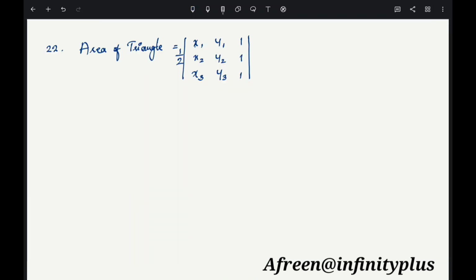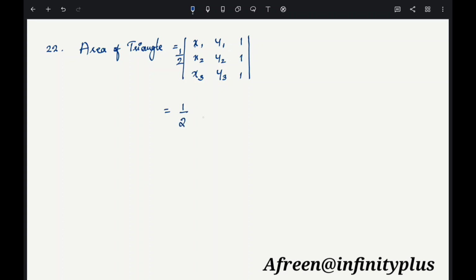Now we have the area of a triangle formula, that is half into the determinant of x1 y1 1, x2 y2 1, x3 y3 1. Now replace points A, B, C here at x1 y1, x2 y2 and x3 y3.